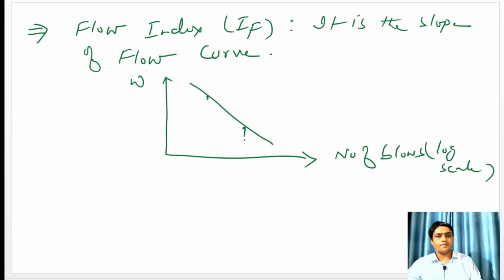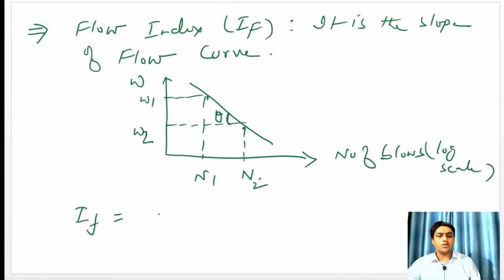So let us assume this value is W1, this is N1, and this is W2, N2. So the slope of this curve, let us assume this is theta. So IF is equal to, we can write, flow index is slope of this flow curve.